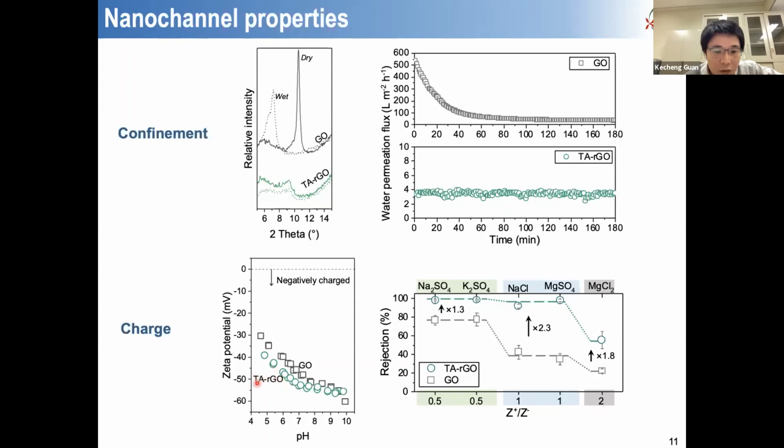But because of the introduction of tannic acid, we can keep a similar charge density here, which resulted in a similar zeta potential. And of course, we tested the different salt rejections for both membranes. Both membranes showed the permeation was controlled by the charge effect, but with the introduction of the confinement effect here, we can achieve, for example, two times the rejection of original graphene oxide for sodium chloride.